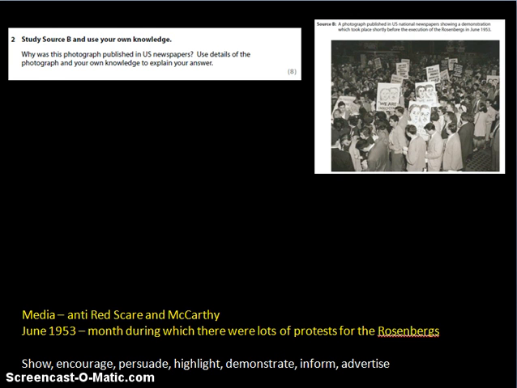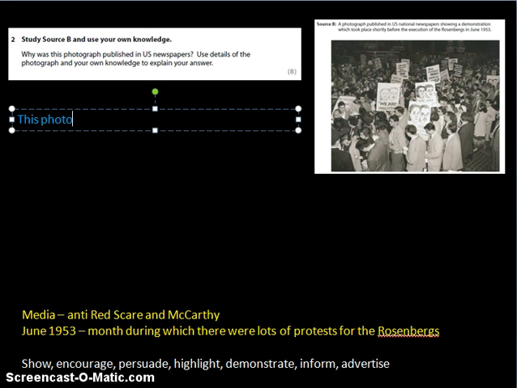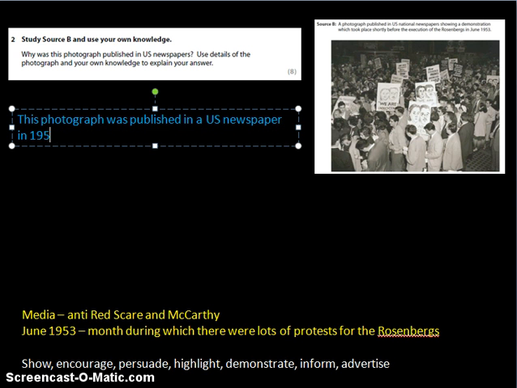I'm not saying that the answer I'm about to type is perfect, but I just want to give you an idea of what you could write in the exam. So, this photograph was published in a US newspaper in 1953. And we're going to try and use some of these words.